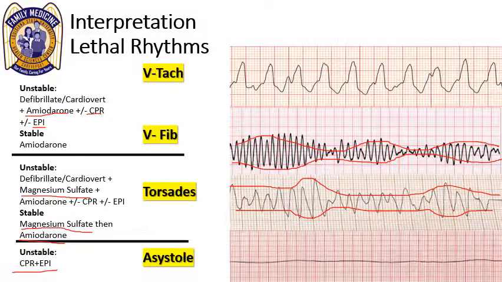Now, remember, when you look at the progression of this, torsades is a special rhythm. But if you look at the progression of VTach to VFib to asystole, you'll notice that the ventricles are starting to become more and more ectopic, and here is more of a physiological point. This is all about ATP, or adenosine triphosphate.